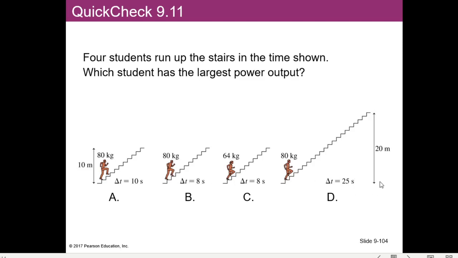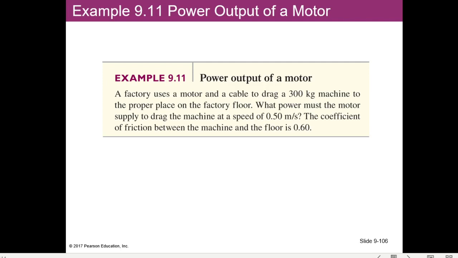But in D, they're going up twice the height, but they're taking over 3 times the time. So multiply by 2 but divide by 3, so D is still less than B. So I'm going to go with B as the largest one. And in fact, we're correct. Yay!